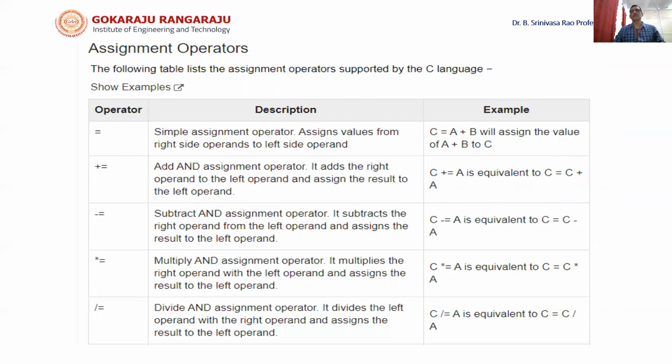For example, in the previous calculation, suppose we got C is equal to 30, and now A is equal to 10. C plus equal to A means previous value of C, that is 30, and present value of A, 10. So current value of C is equal to 40. And the same rule is implemented for all other assignment operators.